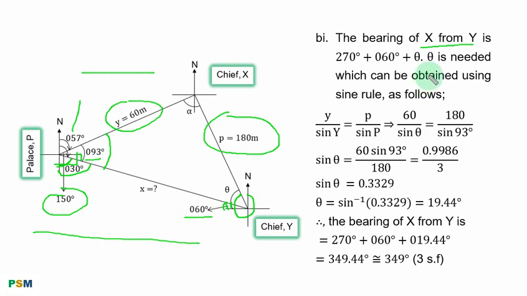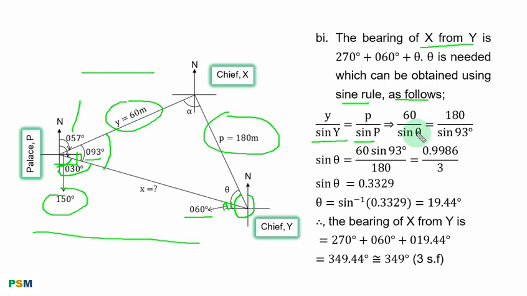Theta is needed, which can be obtained using the sine rule as follows. You have y over sine y equal to p over sine p. y is 60 meters, angle y is theta, p is 180 meters, angle p is 93 degrees.